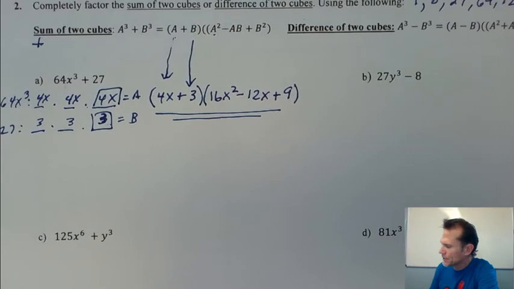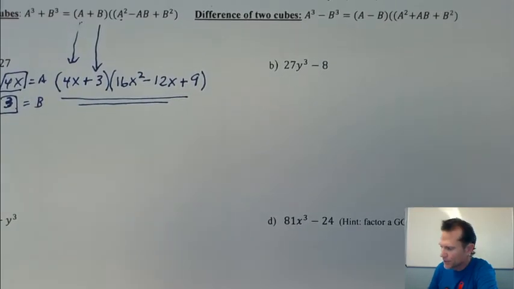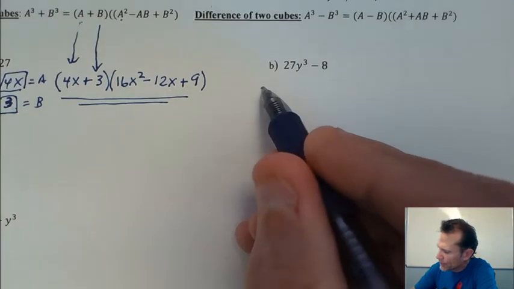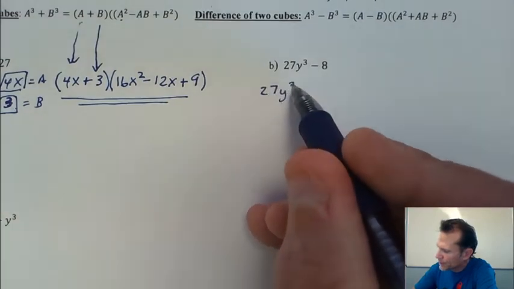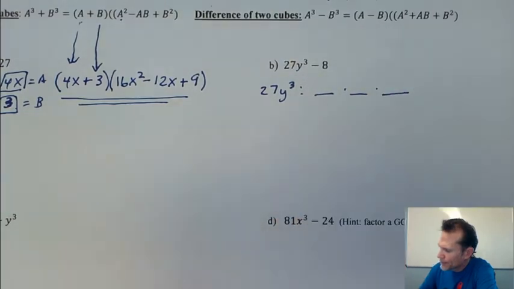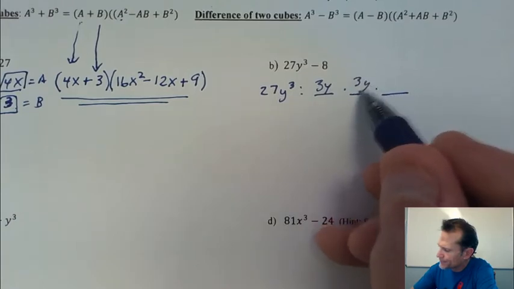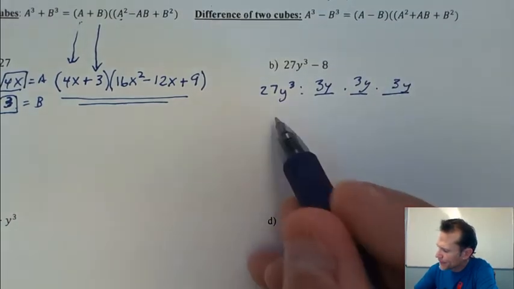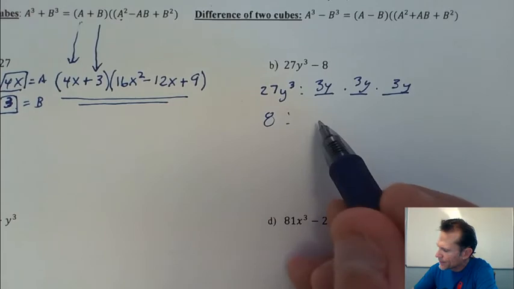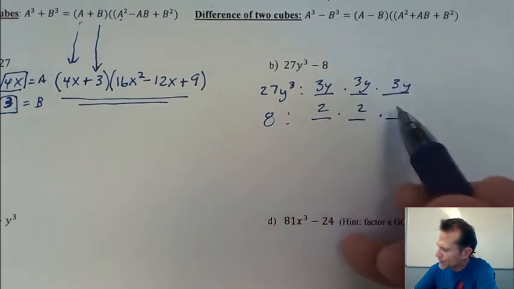Okay, so let's look at b here and do it similarly. So I think about, 27y to the third, what times what times what equals 27y to the third? Well, that's 3y. And then I look at my 8 and I'm like, okay, 2 times 2 times 2 equals 8.